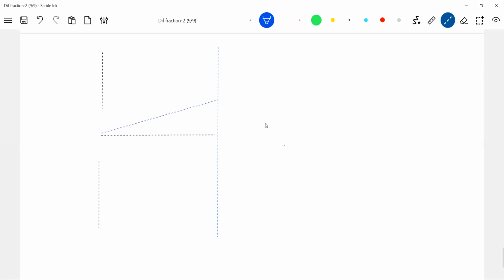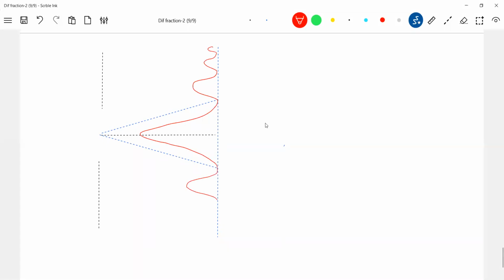Okay, this is an angular width. For the time being, I'll show it in red color. This is the width of the slit.